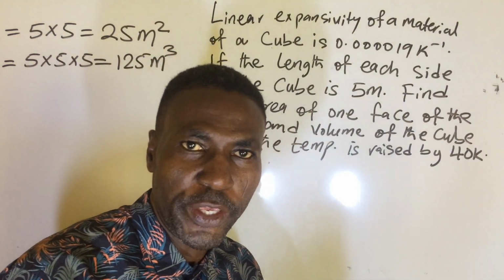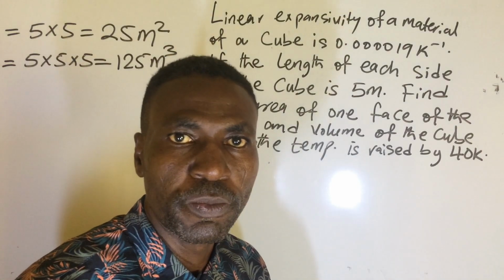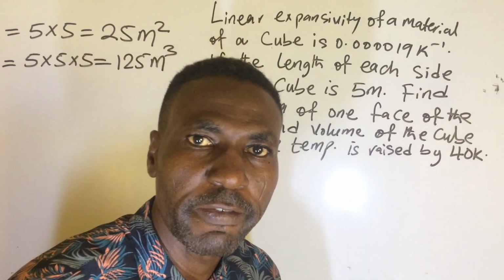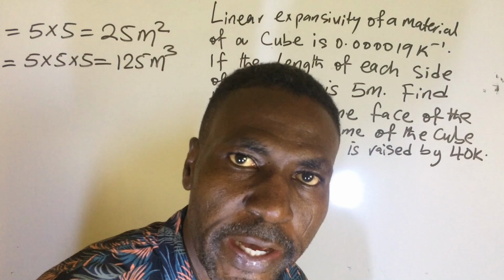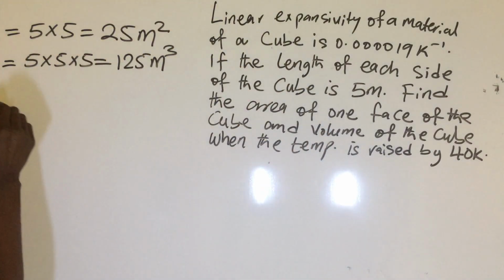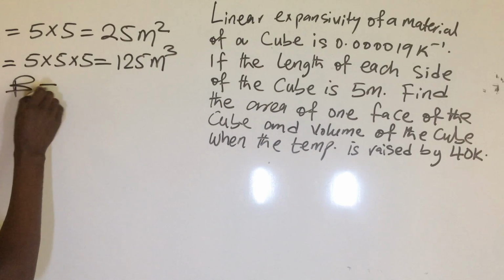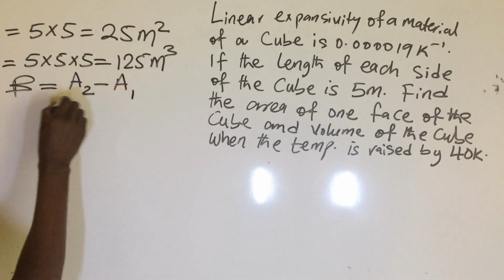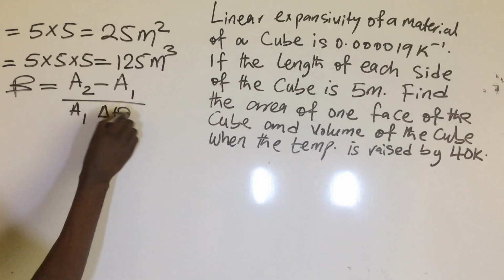Then we begin to find the new area and the new volume when the cube is heated by 40 Kelvin. Let's calculate the new area first. Beta, the area expansivity, equals A2 minus A1 all over A1 times change in temperature.